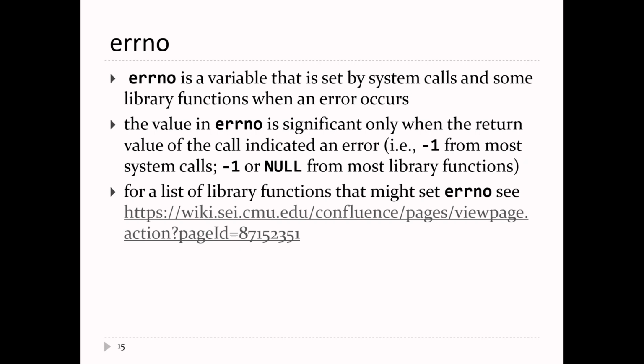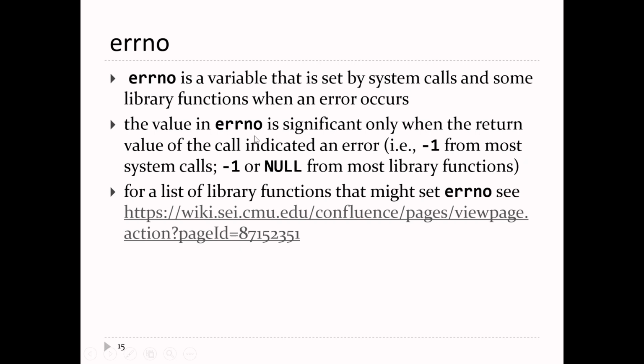Sometimes the function will return an error value, right? So in those cases, the programmer is responsible for testing the return value. Sometimes the function also sets this value called errno, and again, the programmer is responsible for looking at the value of errno, right?